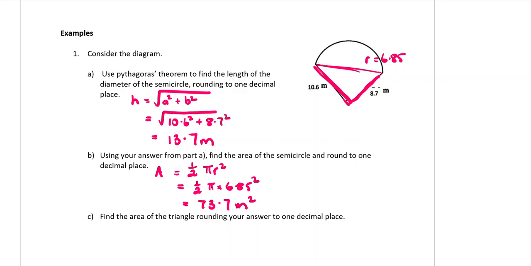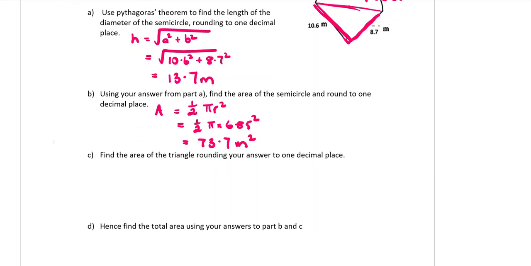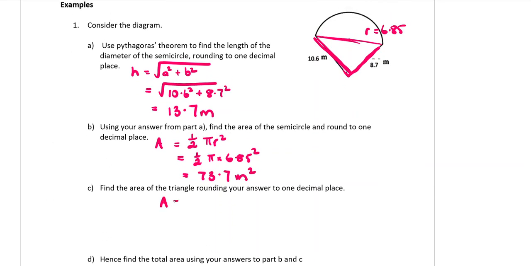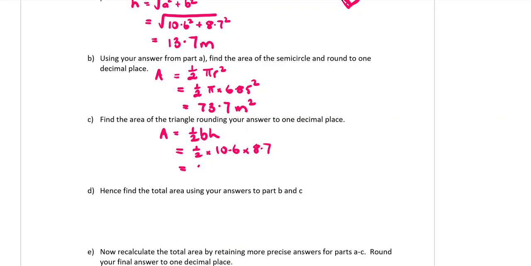Part C, find the area of the triangle, rounding your answer to one decimal place. The area of the triangle is half base times height. The base and the height are the 10.6 and the 8.7. That makes 46.1 meters squared.